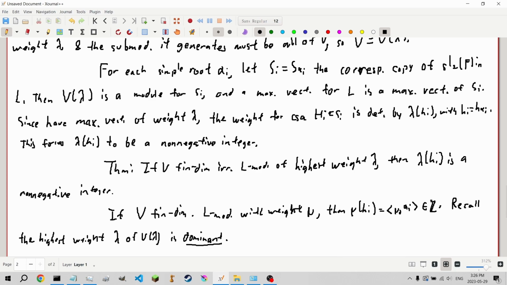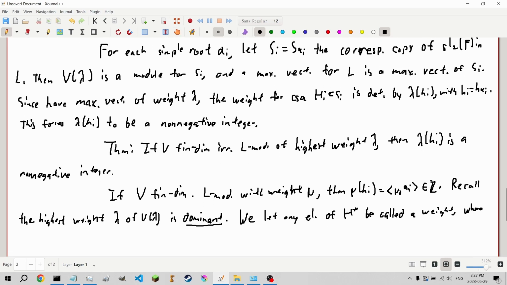To avoid ambiguity, we're going to let any element of h star be called a weight, whereas a linear function lambda with all lambda Hi integral will be called integral.